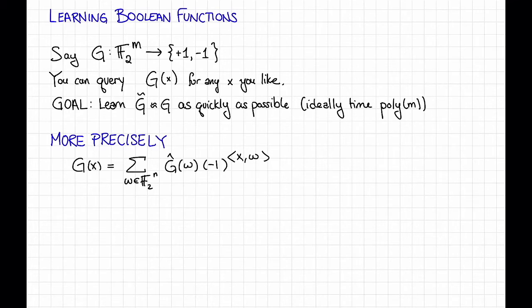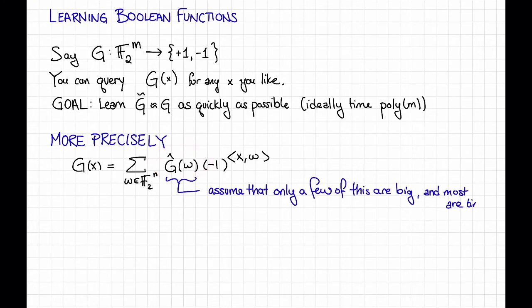And what we're going to assume is that only a few of these coefficients are big and most of them are small. That is, we're going to assume that g is a simple function in the sense that it's a linear combination of essentially not too many of these simple functions. In that case, we can write g as approximately equal to the linear combination of just those functions.